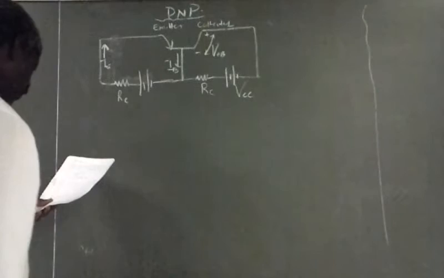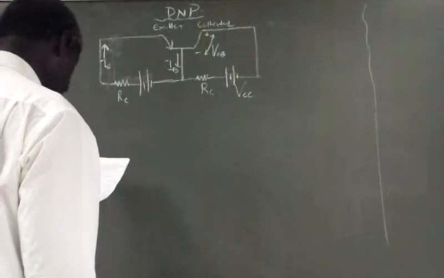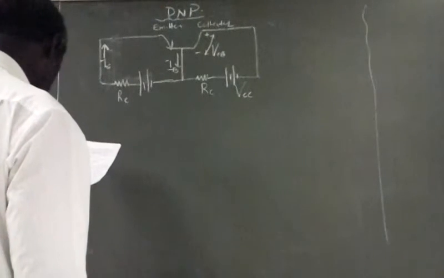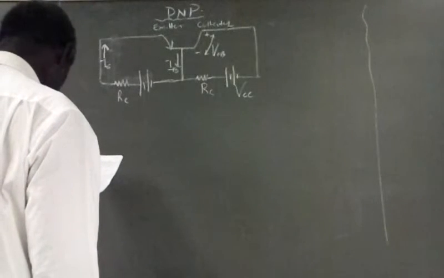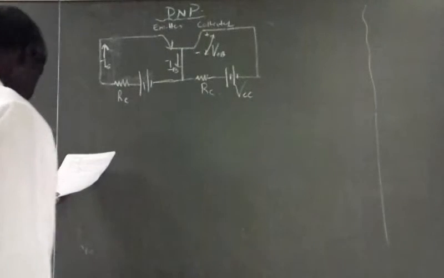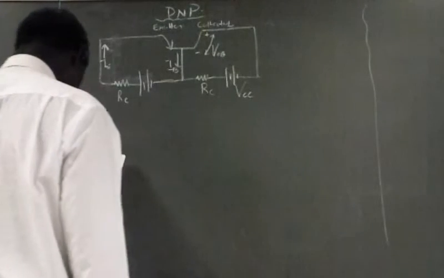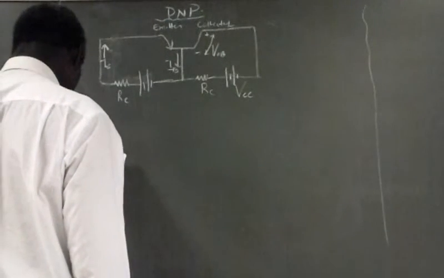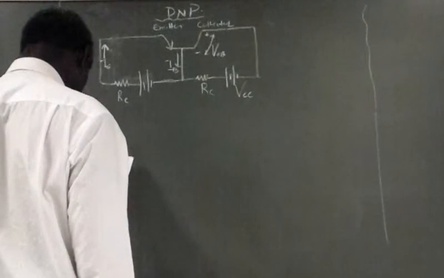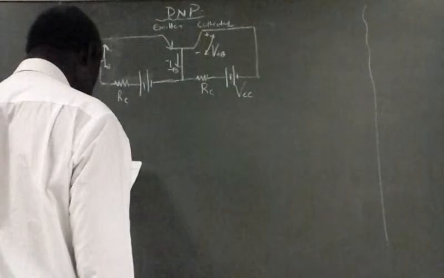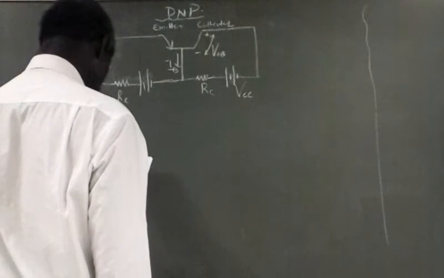We said again that the PNP transistor has its bias voltages VEE and VCC reversed from those in the NPN. That is, VEE and VCC are in reverse bias. And this is necessary to forward bias the emitter base junction and reverse bias the collector base junction.